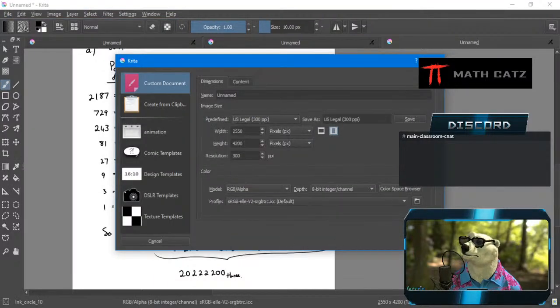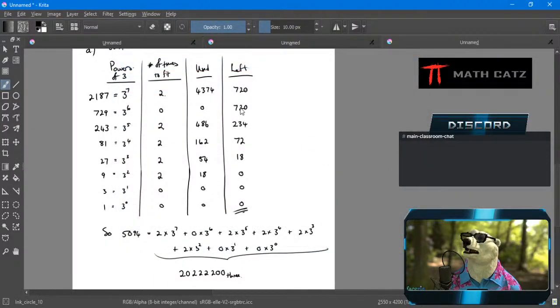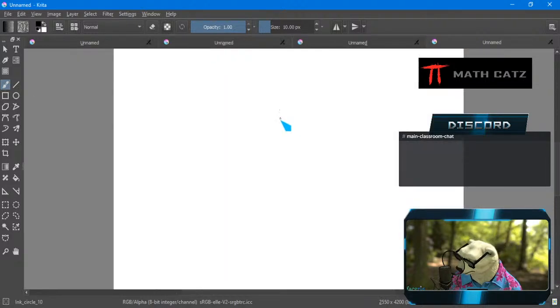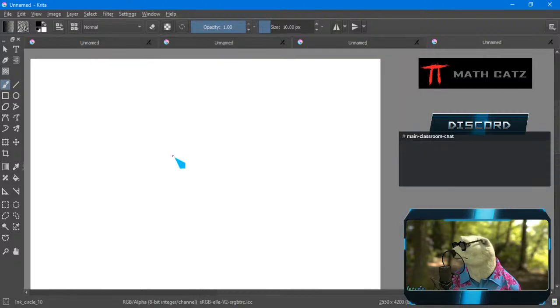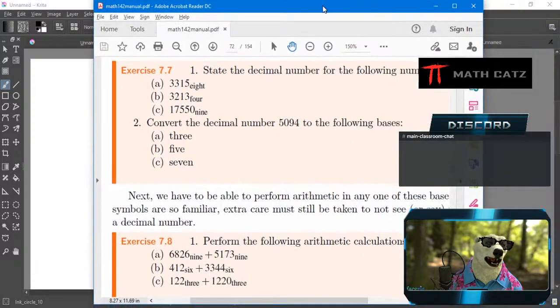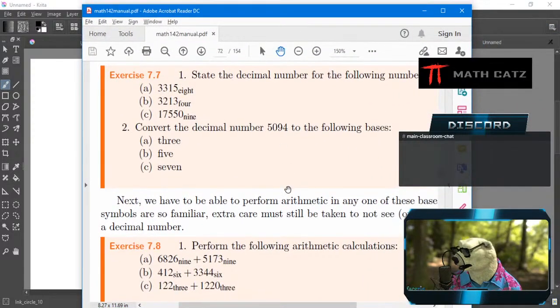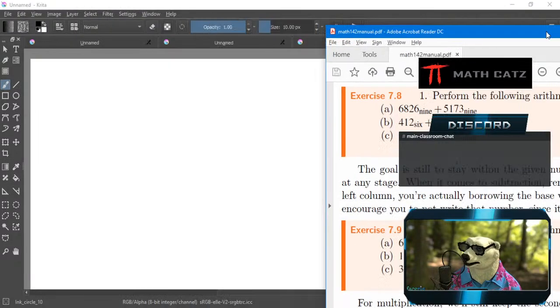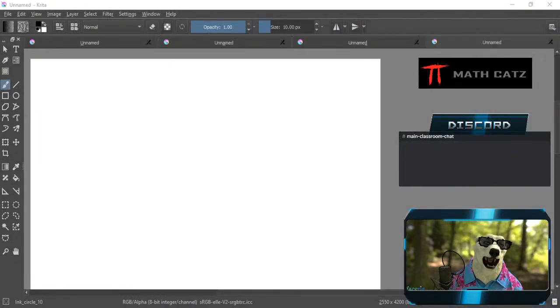But of course, there's a ton of similarity between these and the base 5 stuff we've done. I just now need to be extremely aware of what base value I'm working in. So we see here 7.8 has some addition and subtraction and so on. So let's just chip away at these.